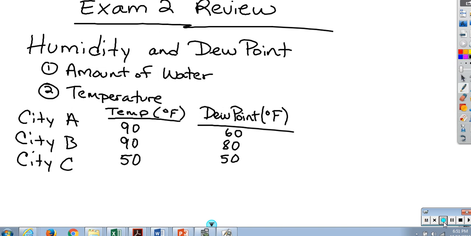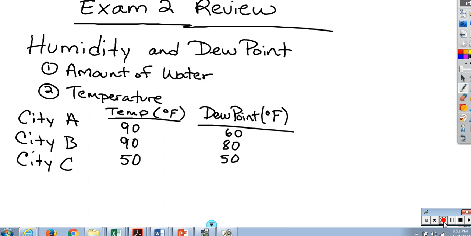You won't feel the humidity as much as you would in City B, because ultimately what we feel is the total moisture in the air that gives us discomfort. When there's a lot of moisture in the air, it really makes us uncomfortable.